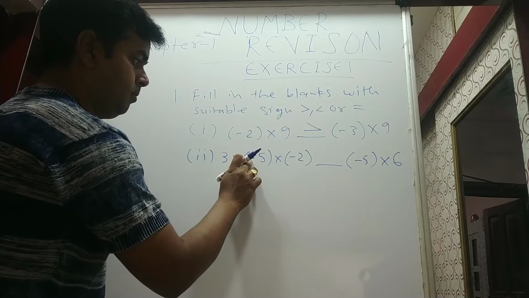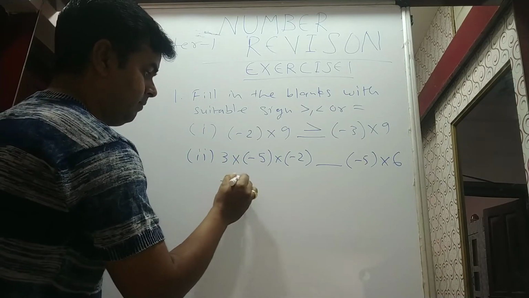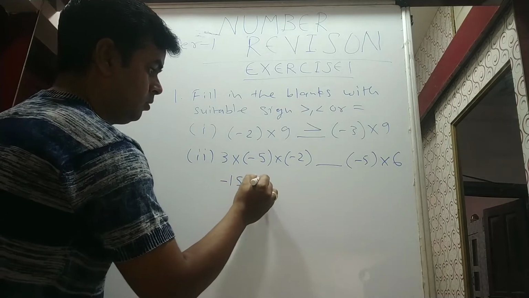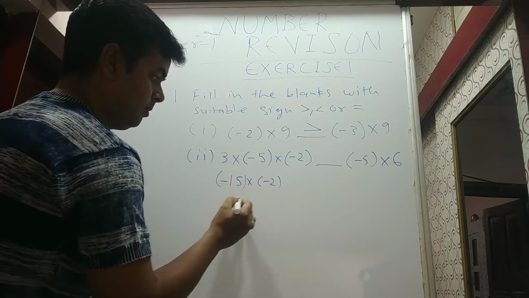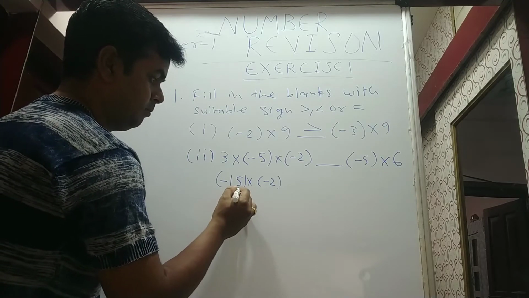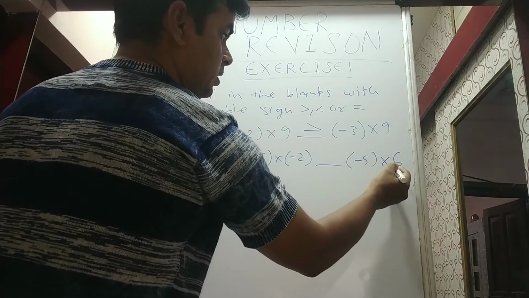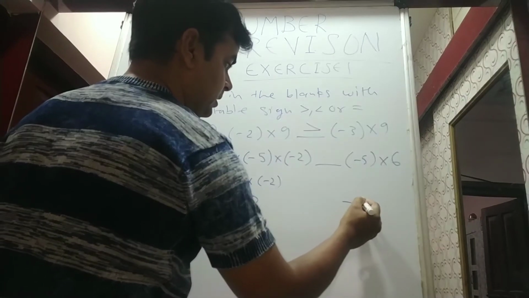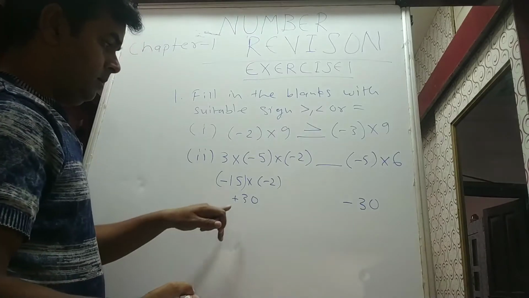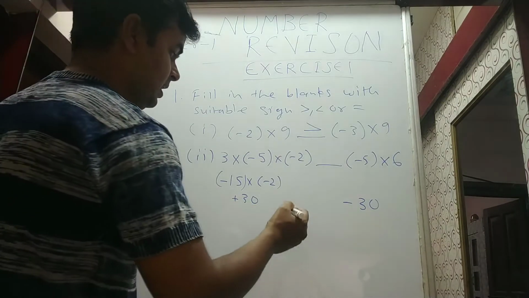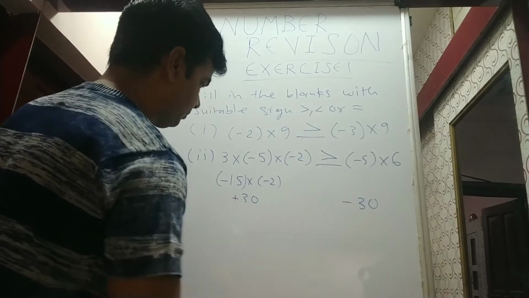Plus into minus is minus. 3 into 5, 15, into minus 2. Minus into minus is plus. 15 into 2 is 30. Minus into plus is minus. 5 into 6 is 30. This is plus, this is minus. Obviously, this one is greater, right?